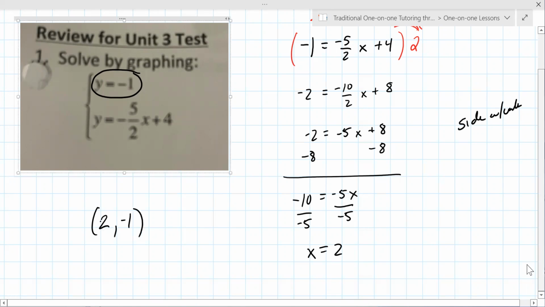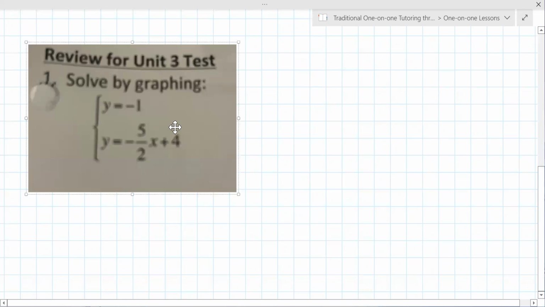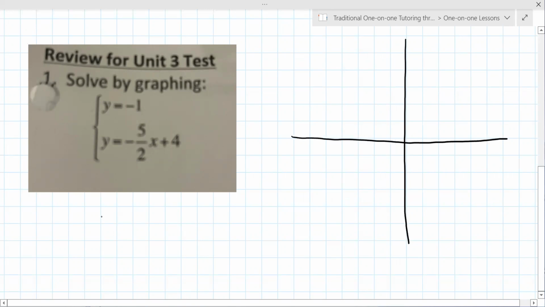Now, in terms of graphing, which is what you're really asking me about here, we want to look at the second equation first. Can you tell me the slope of the second equation? The slope is -5/2. Yes. Now, here's what that means.